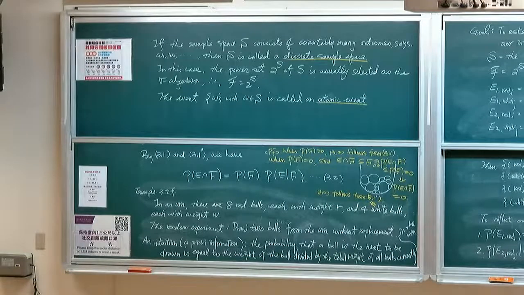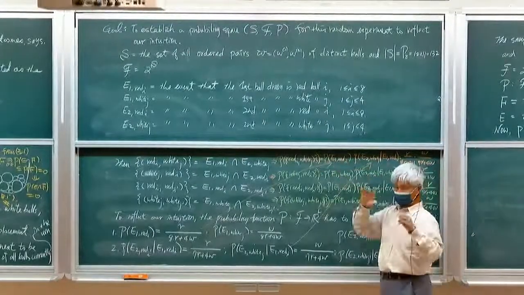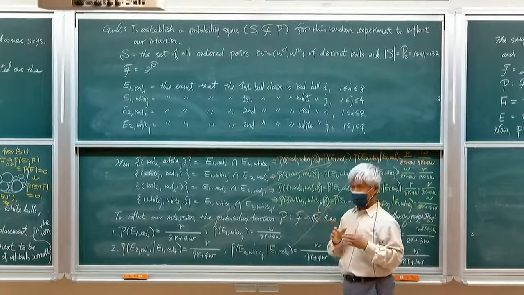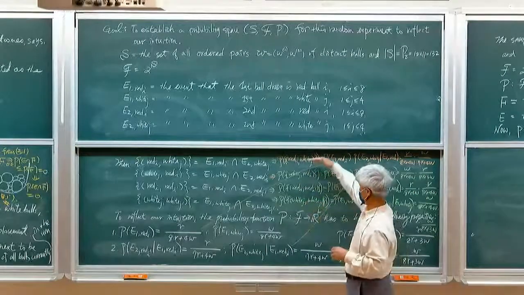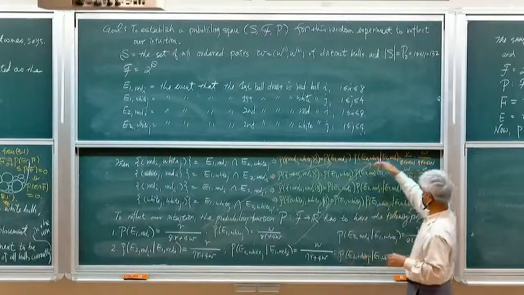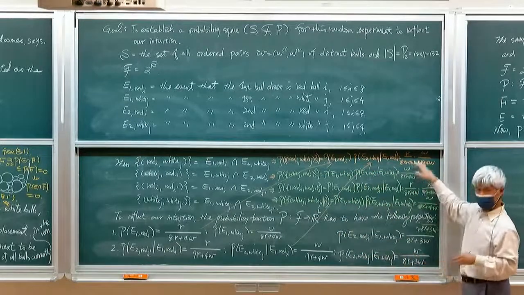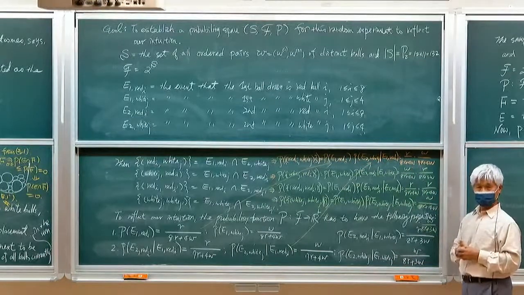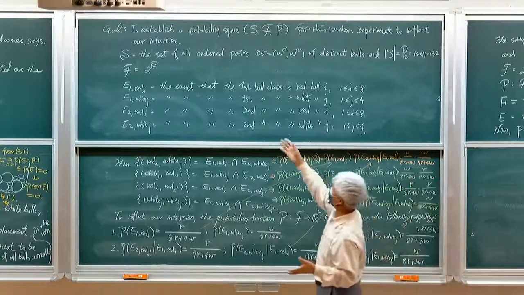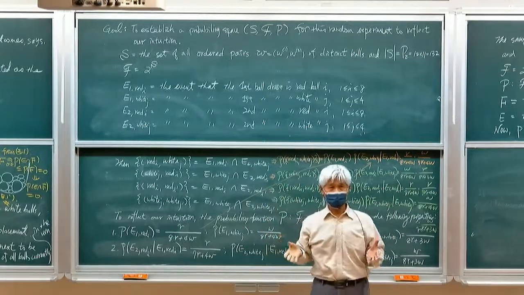It is sufficient to give probability to atomic events, and we have 4 kinds of atomic events, and their probability has been assigned here. Okay, and so we have done. So our goal is achieved.